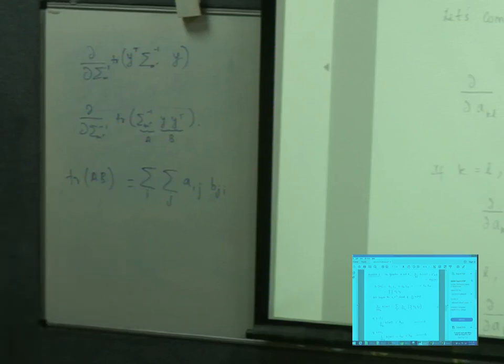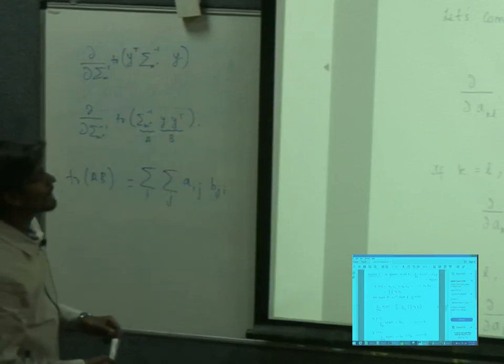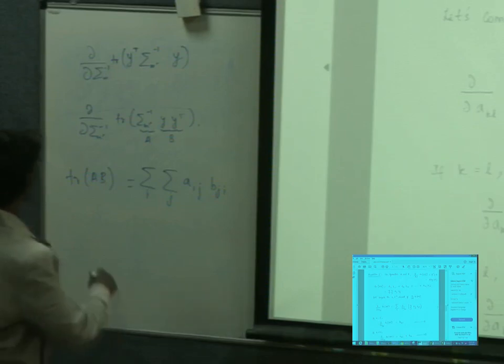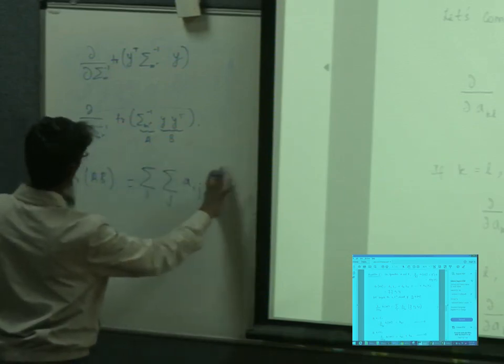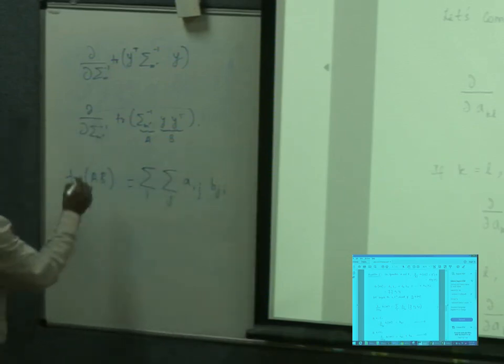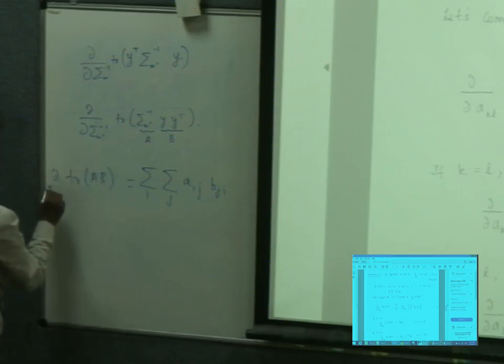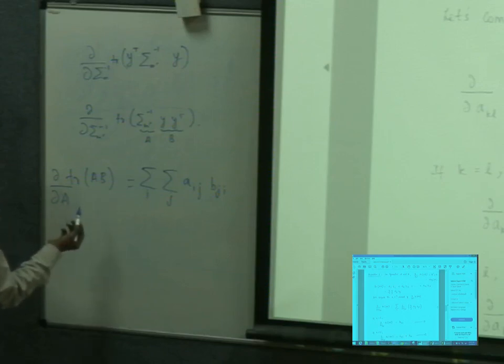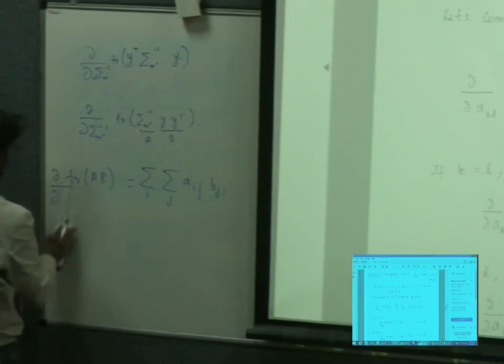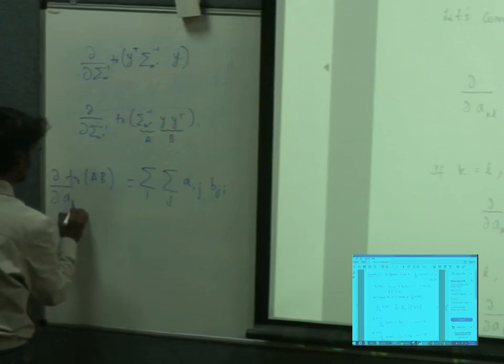So where were we? This is the final expression, and we need to take the derivative of this with respect to the matrix A, and this is an entire matrix. So let's find it for one of the elements, A_KL.